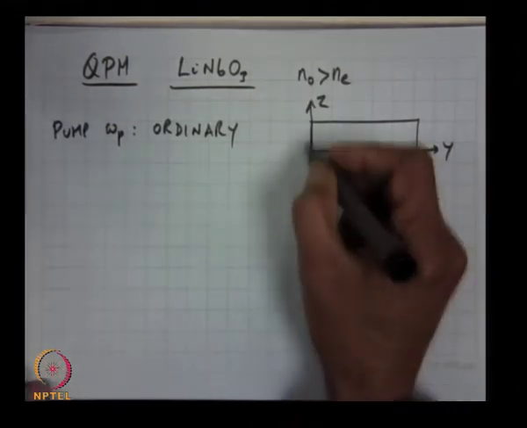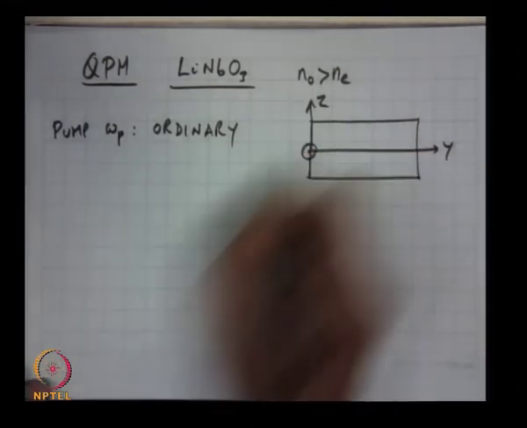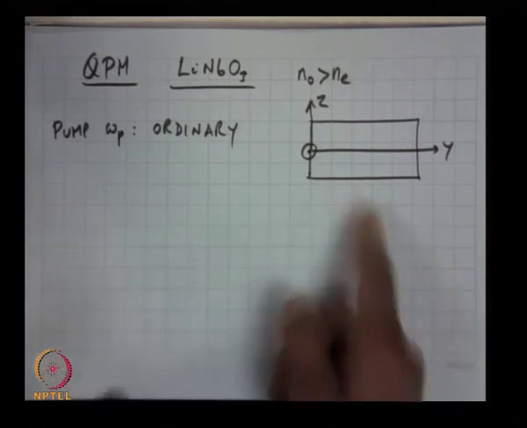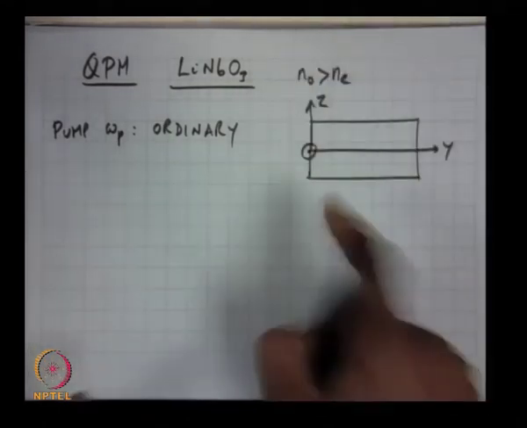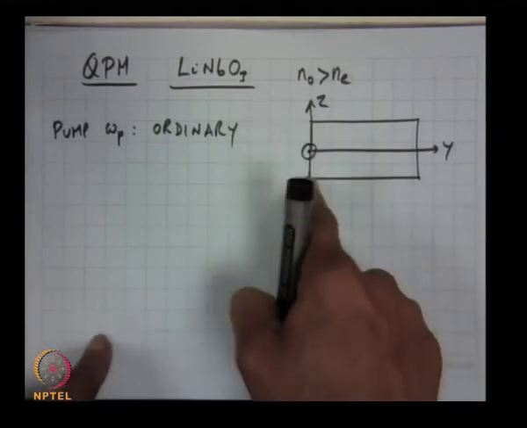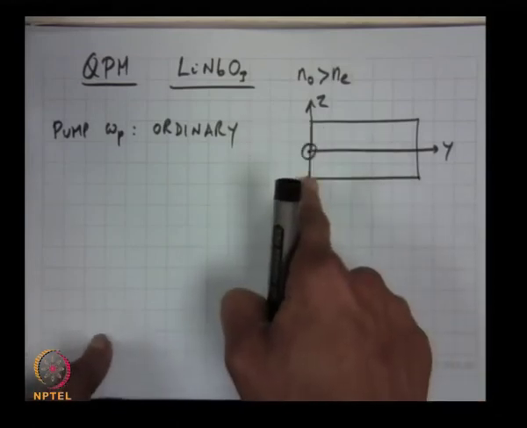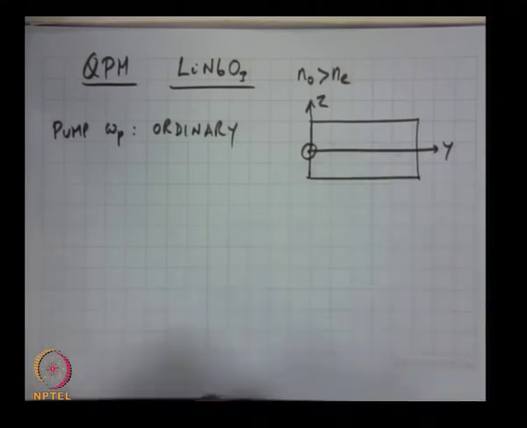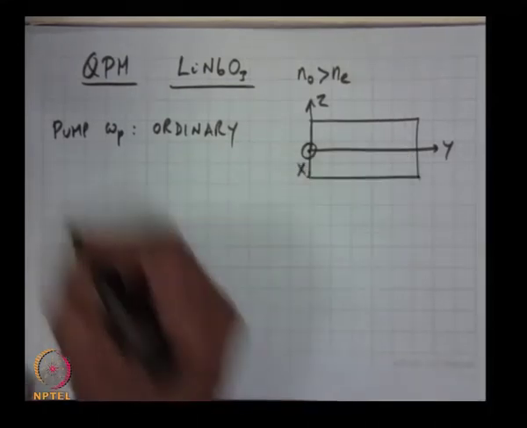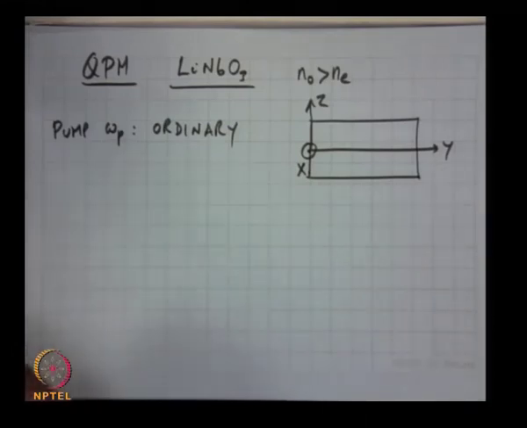X, yes, this direction, because if I propagate along this direction, the z direction is the extraordinary. Now this is the principal axis of the crystal. This is not the XYZ laboratory coordinate system. This is the principal axis, XYZ. So this is the x axis. So omega p has x polarization.